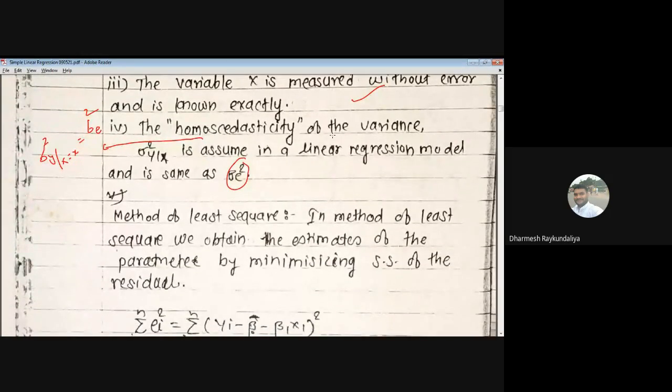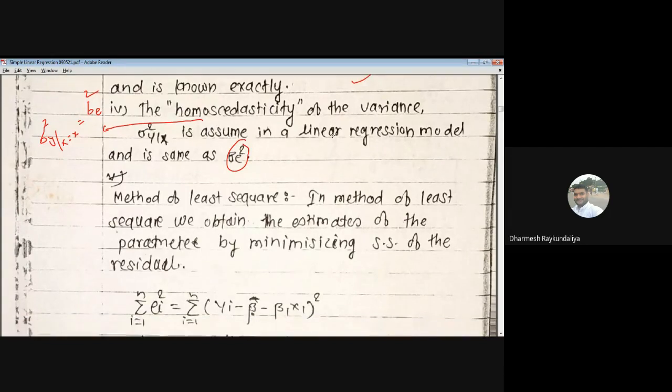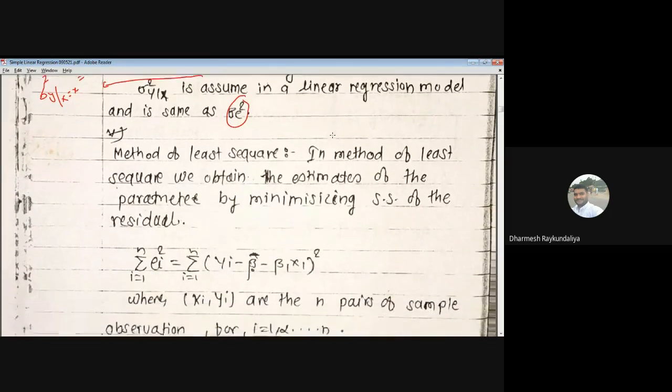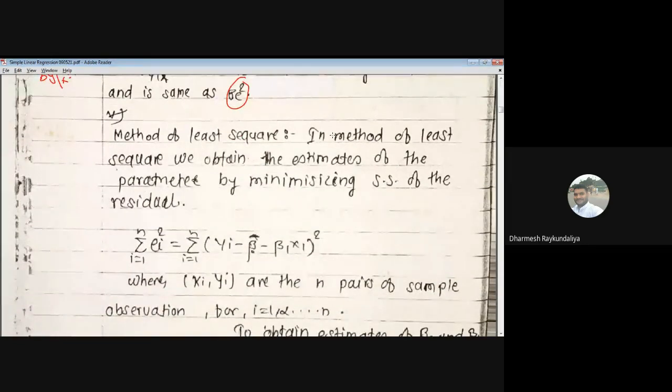Now, how do we obtain the estimates of the parameters? As I said, by using the method of least square, that is, by minimizing the sum of square due to residuals. What is the difference between errors and residuals? Error is the observed minus the true or model value.